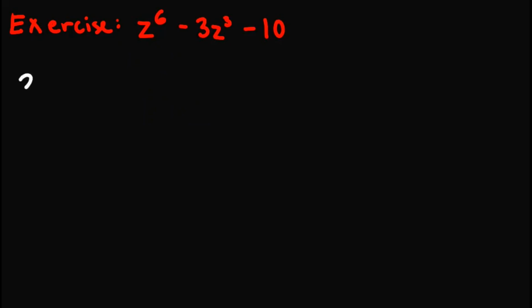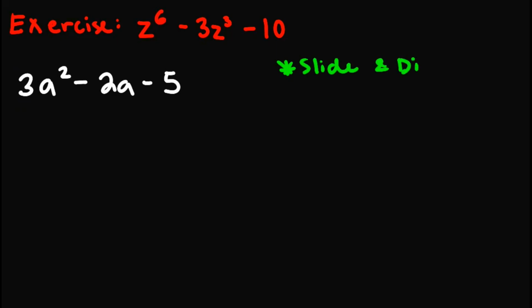If we have 3a squared minus 2a minus 5, the problem here is that our leading term has a coefficient. So how do we solve this one? Now, a useful method that we can use here is what we call the slide and divide method.